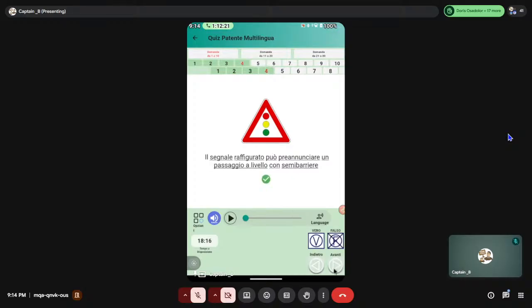Don Emmett. Il segnale raffigurato preannuncia, in caso di forte vento laterale, un pericolo che aumenta all'aumentare della superficie laterale del veicolo. Vero.